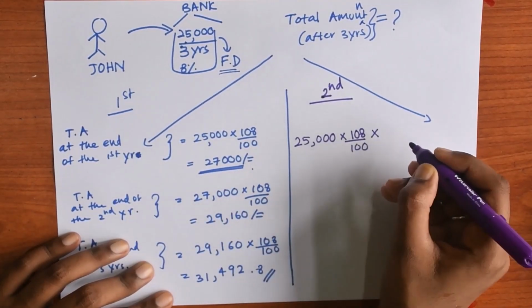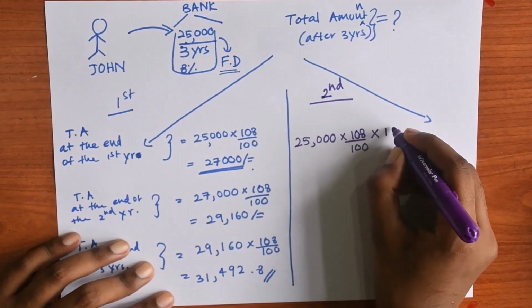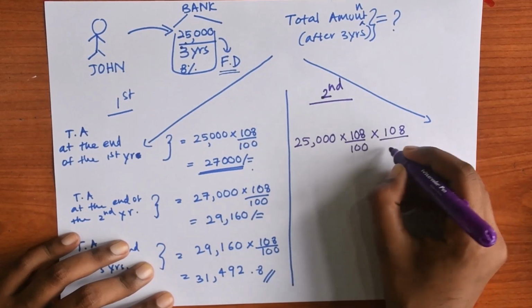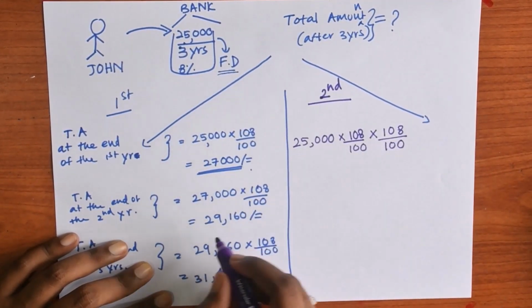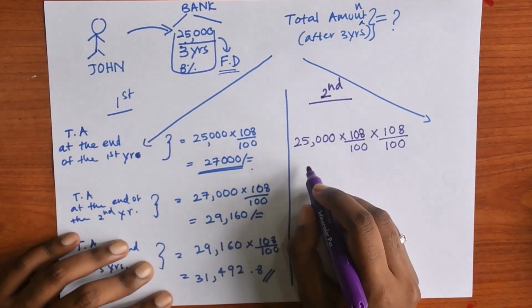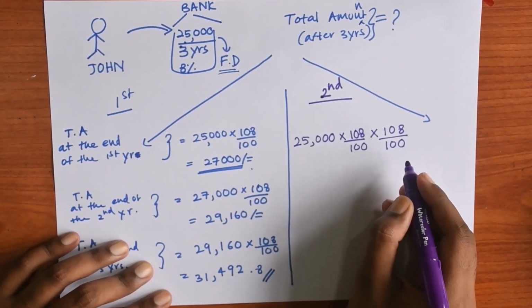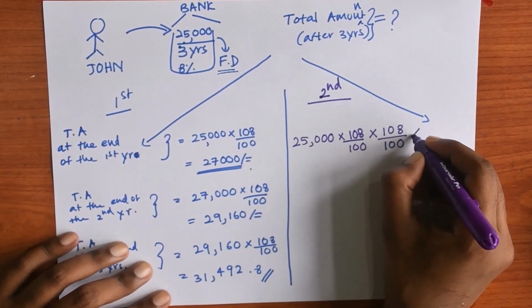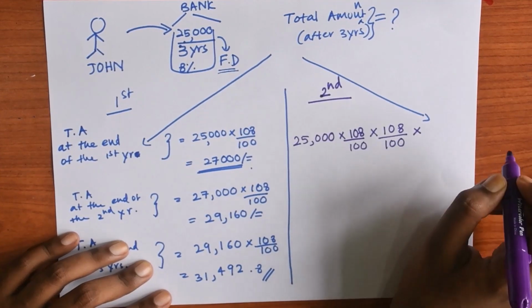Now we have to calculate the interest on that amount. How do we do that? We multiply it by 108 and divide it by 100. This is the amount that John will get at the end of 2 years. And now we have to find the amount that John will receive at the end of 3 years.